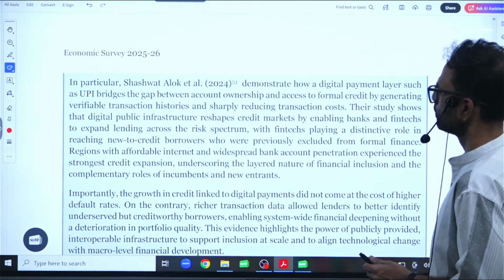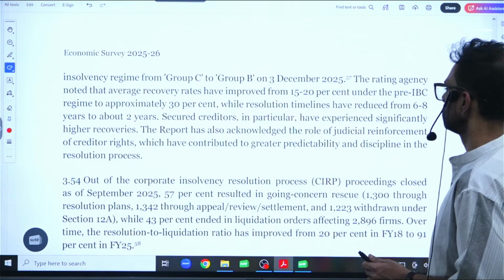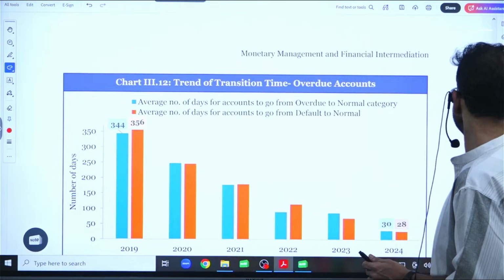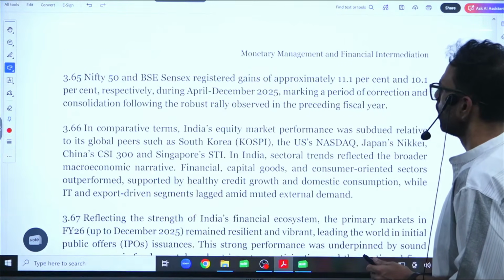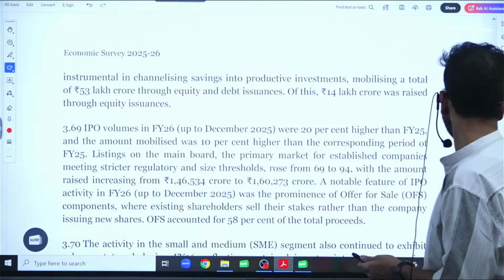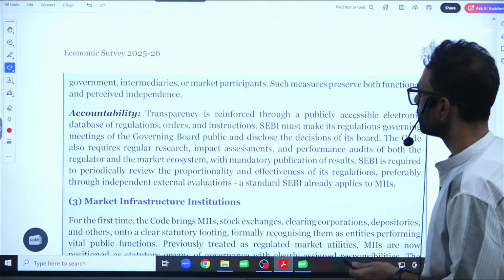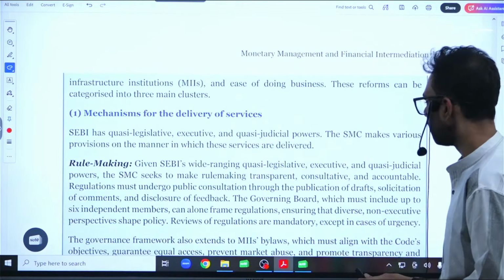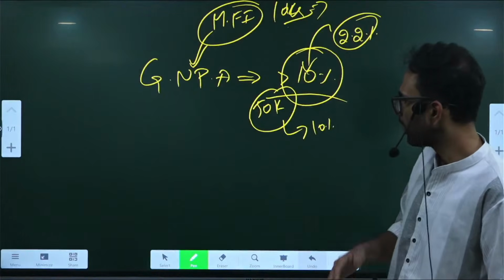Next up, we have to take a look at capital markets and bond markets.